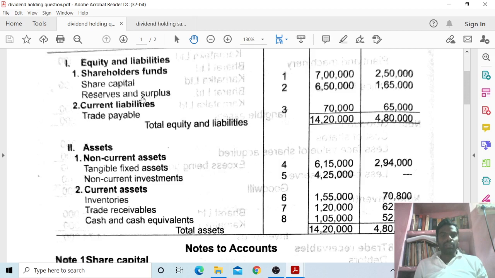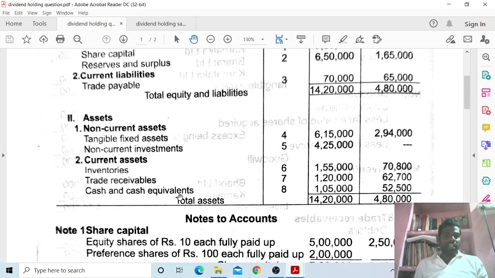Reserves and surplus, note 2: 6,50,000 and 1,65,000. Current liabilities, trade payables, note 3: 70,000 and 65,000. Total equity and liabilities: Major company 14,20,000, Minor company 4,80,000.